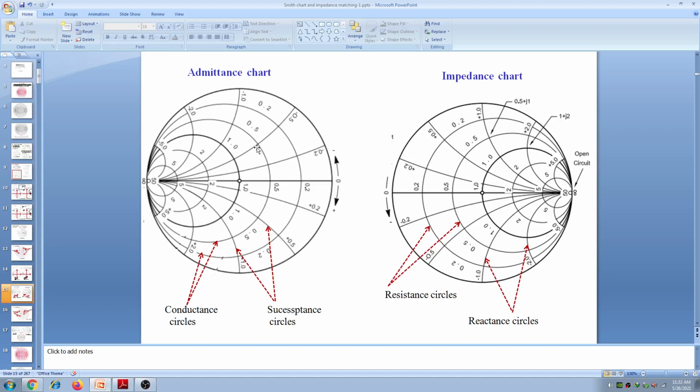Take the susceptance circle passing through this point. It is minus 0.5, because anywhere you move over the circle, the susceptance value remains the same. So here susceptance is minus 0.5 and conductance is 0.5. Like that, you can read the susceptance and conductance anywhere.